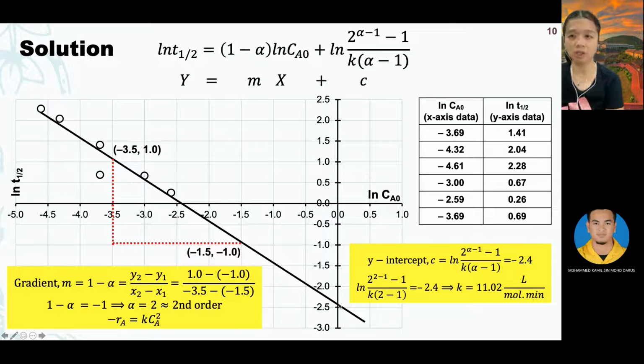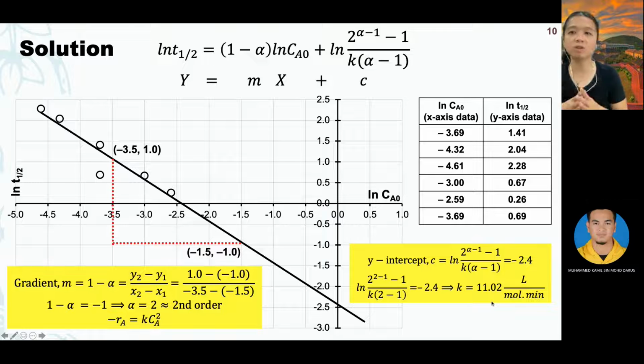So it's actually negative 2.4, means the ln 2 power alpha minus 1 per k alpha minus 1 equals to your y-intercept negative 2.4. Okay, so since kita dah tahu alpha is second from the previous part, we can solve this, you can get the value of k as 11.02. So itu adalah value your reaction rate constant.